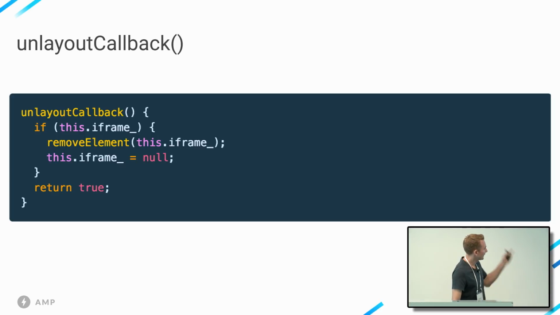An example here, pretty simple: if there is an iframe, it removes that element. We should normally return true if we override this lifecycle method, because that tells AMP that if the element does come back to being active again on the page, then it should relayout it again for us.